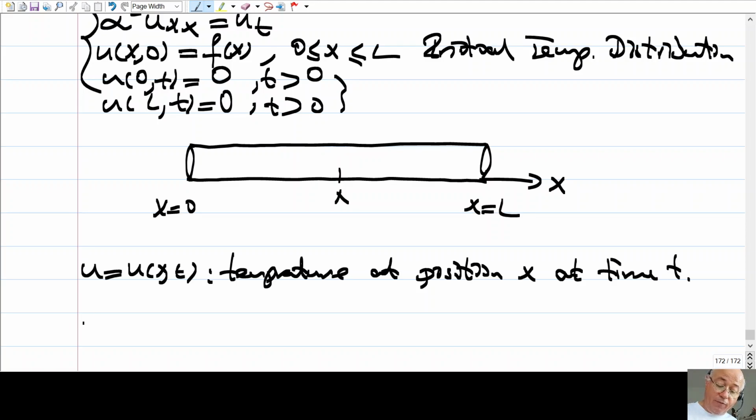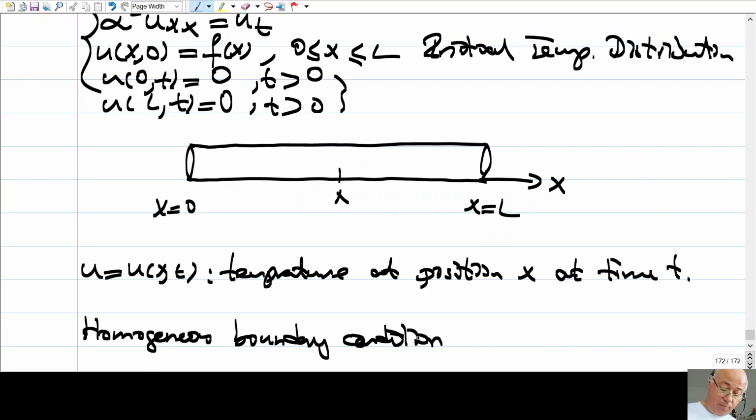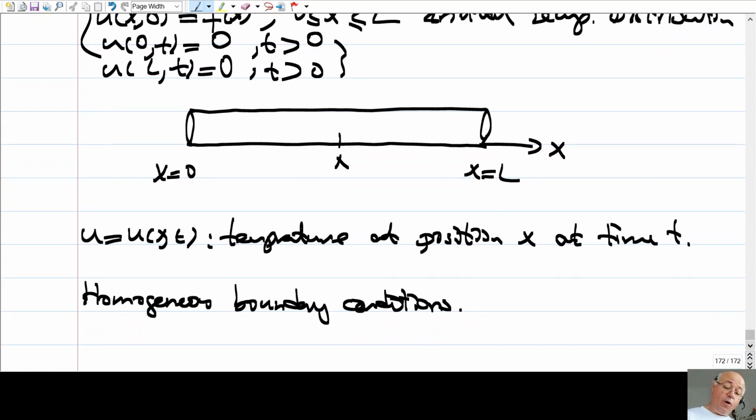So we have homogeneous boundary conditions, and therefore this is called homogeneous.